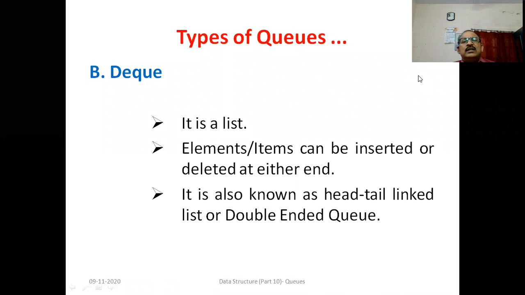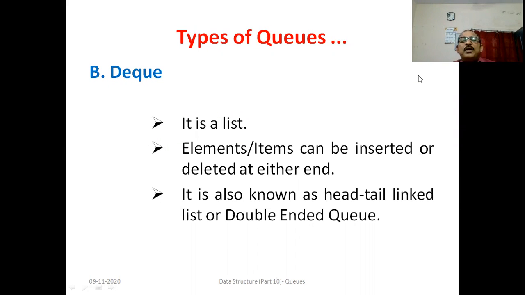Next up is the Deque. It is a list, a special type of queue in which elements can be inserted or deleted at either end. It is also known as a head-tail linked list or double-ended queue.